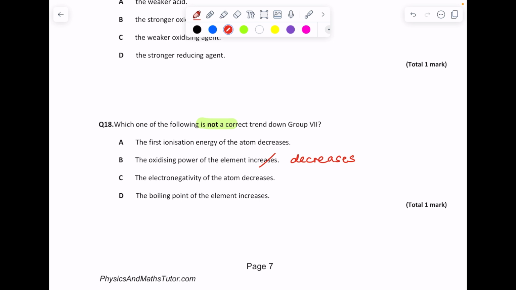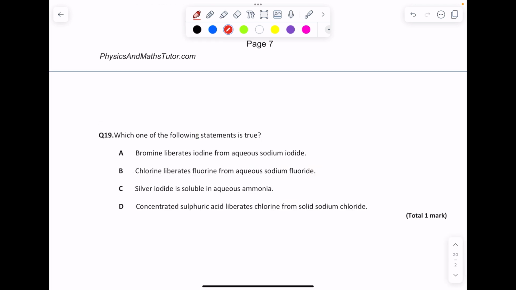That's true. Remember, fluorine is the most highly electronegative element in that group. The boiling point of the element increases. Yes, remember, astatine and iodine at the bottom of the group are solids at room temperature compared with fluorine and chlorine, which are gases. Which of the following statements is true? Bromine liberates iodine from aqueous sodium iodide. That's true because bromine is more reactive than iodine or is a strong oxidizing agent.